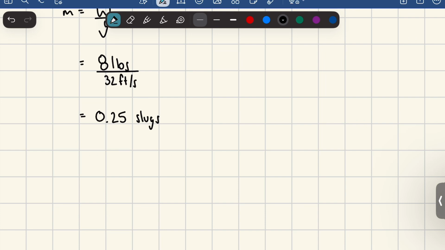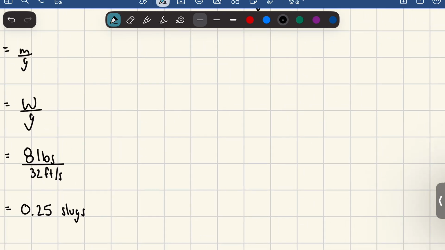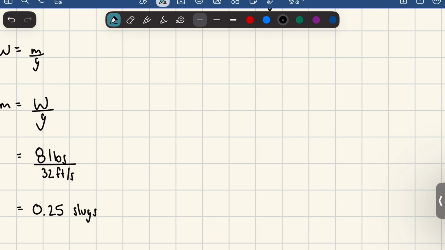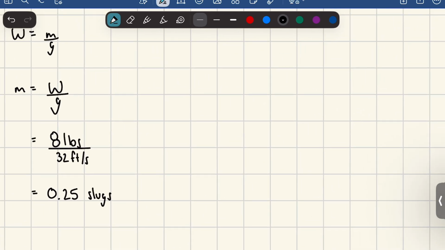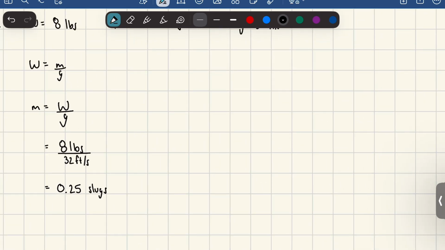K and x. x is my displacement. We're not doing things in inches, we're doing things in feet. Let me think. What's the formula? Initial position.